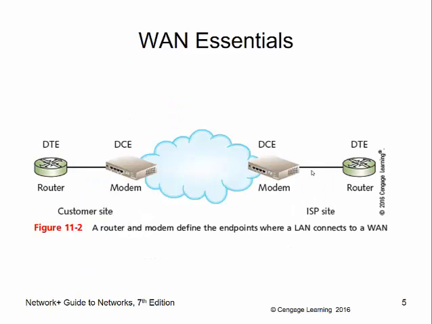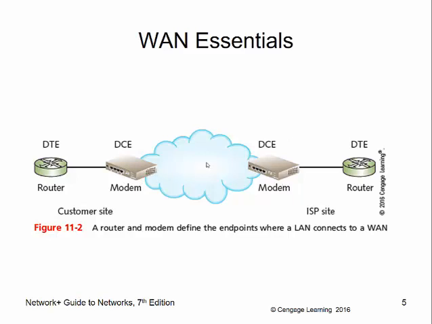We discussed the DCE and DTE already. Here's a prime example. Here's two sites. This is site number 1. This is site number 2. In this cloud in here is this big thing we call the interweb, the internet. The DCE, owned by the provider, which in this case, let's say, is a quote-unquote cable modem.